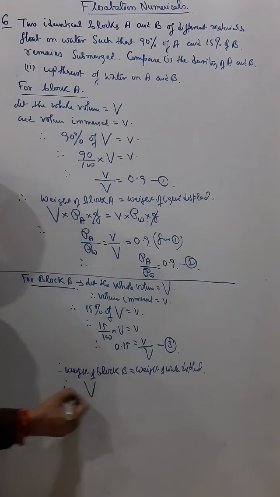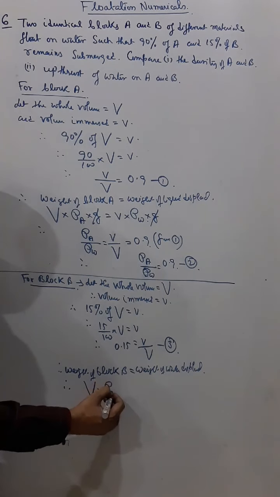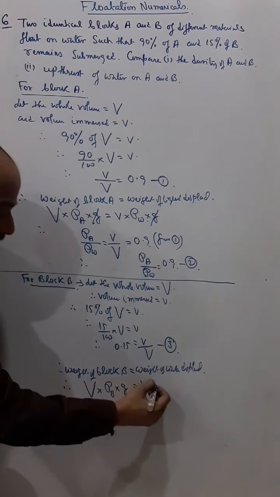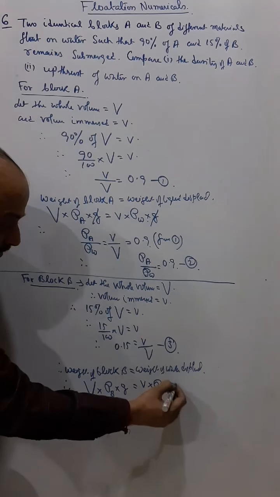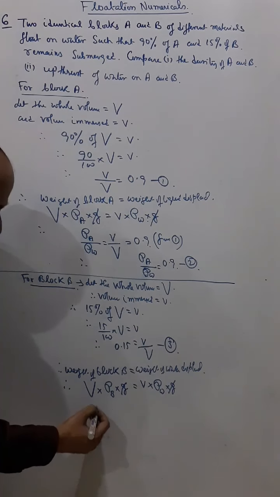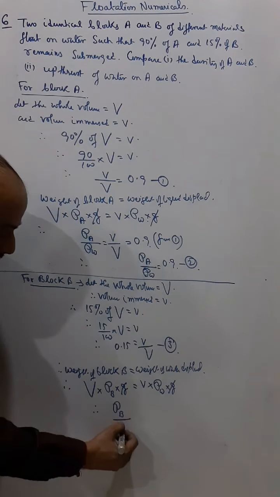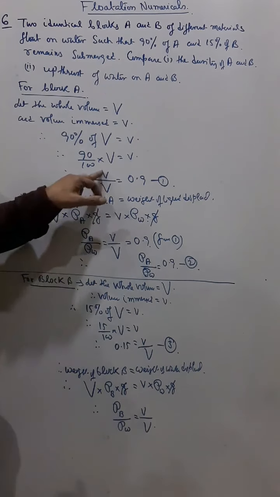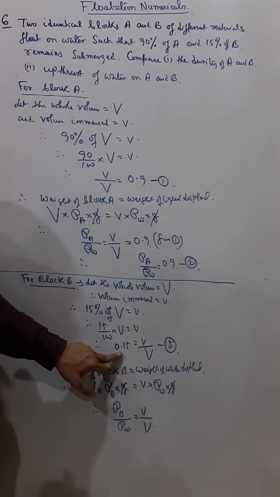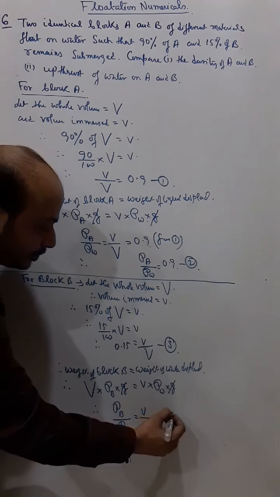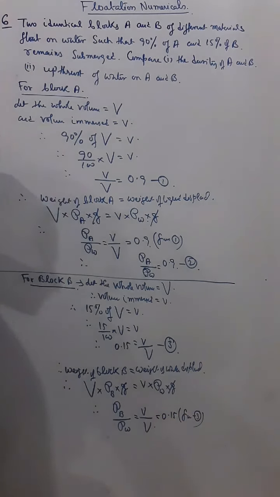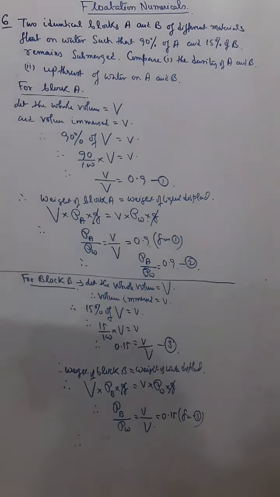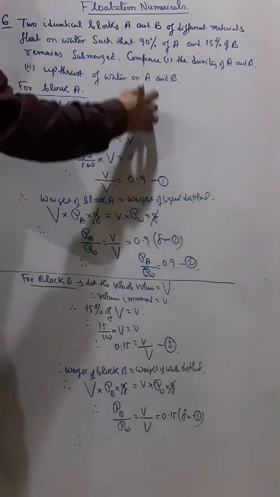Weight of block B is volume of block into density of block B into G. Weight of water displaced is volume of water displaced, that is small v, into density of water into G. So G gets cancelled, and here we can say that density of B by density of water is equal to small v by capital V, which is 0.15, that is from equation 3. So I hope you understood that.